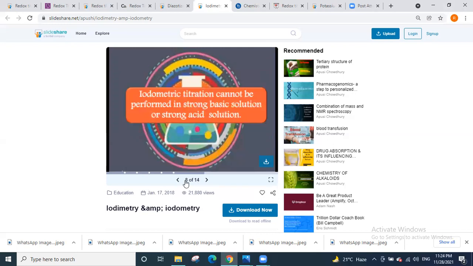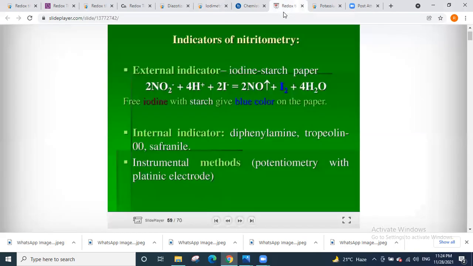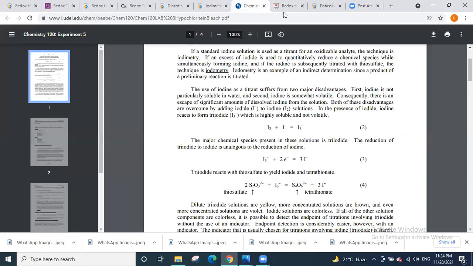One thing I also want to share with you is about the solution of iodine. You must take a snapshot of this page. The use of iodine as a titrant suffers from 2 major disadvantages.